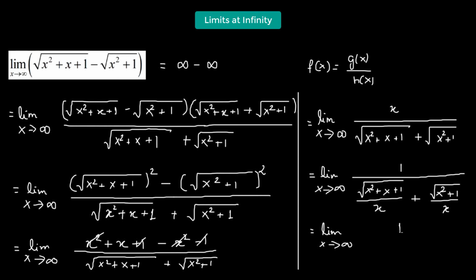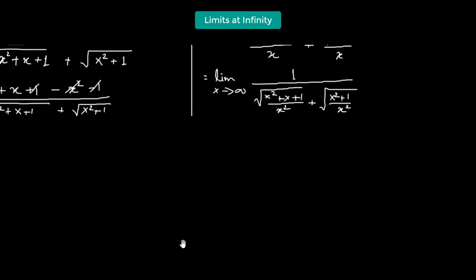So we have 1 divided by the square root of, so when the x enters the square root, we have x squared plus x plus 1 divided by x squared, and similarly for the second term, we have x squared plus 1 over x squared.